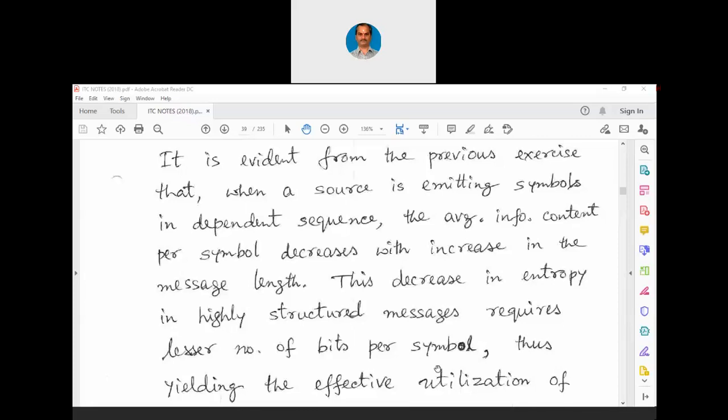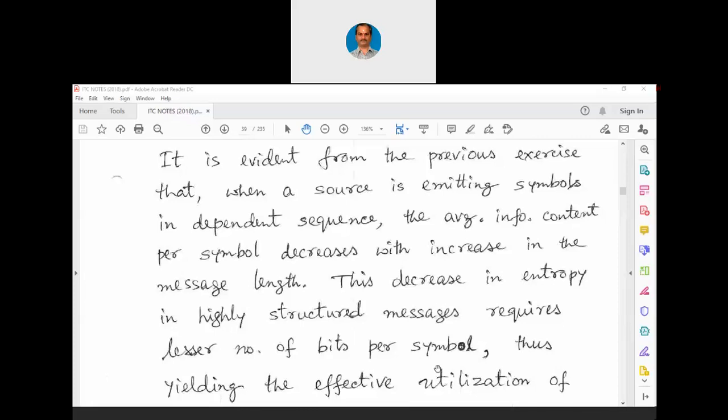We will have to convert it into binary digits or bits. Now when we convert this H-E-L-L-O into bits, they are statistically dependent symbols in the English language. So when we encode this word into a binary sequence, naturally we can have a shorter binary code. Why? Because when the sequence length increases, information content reduces. When the information content reduces, the same information can be represented by a lesser number of bits.